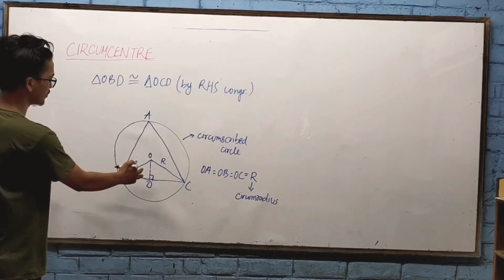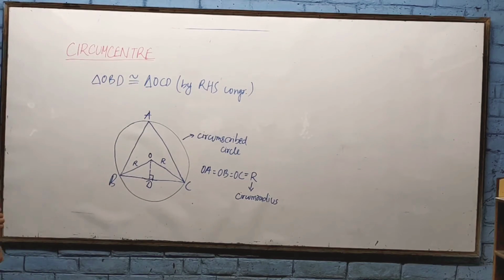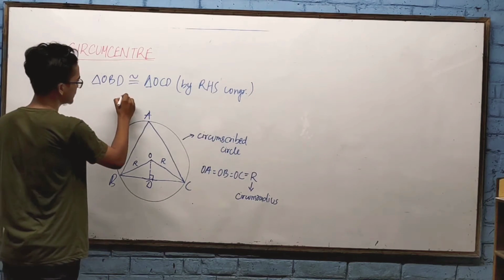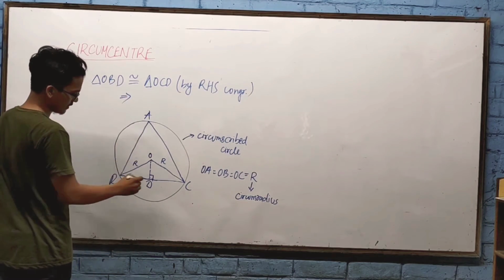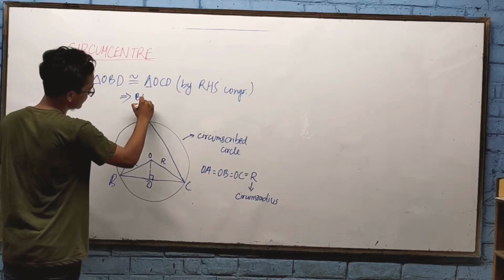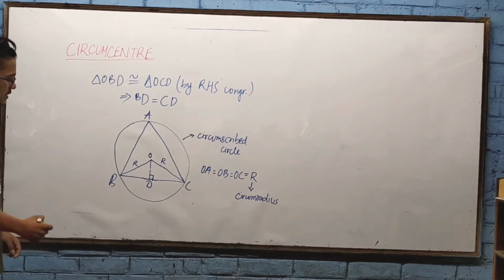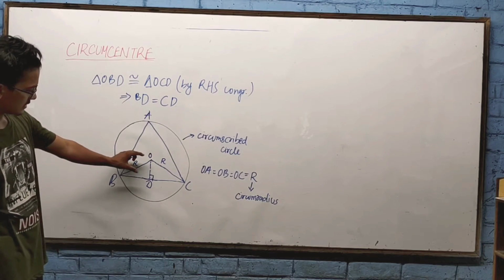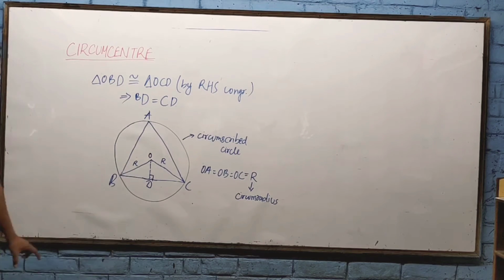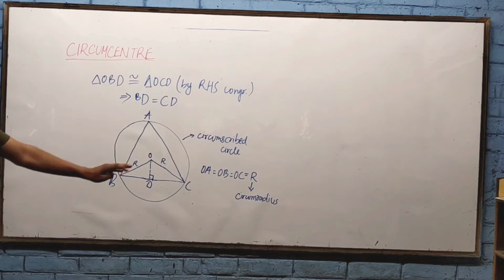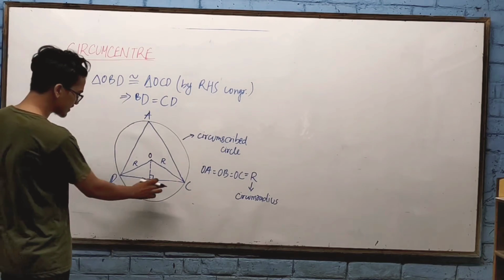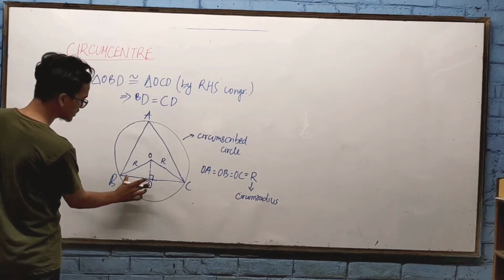So these two triangles are congruent by RHS congruency, which implies BD equals CD. That is, this perpendicular OD is actually the perpendicular bisector of BC, since it is bisecting BC.